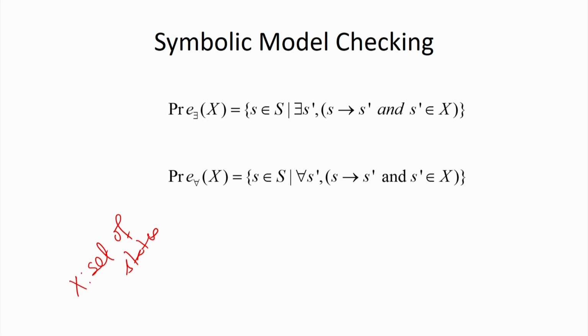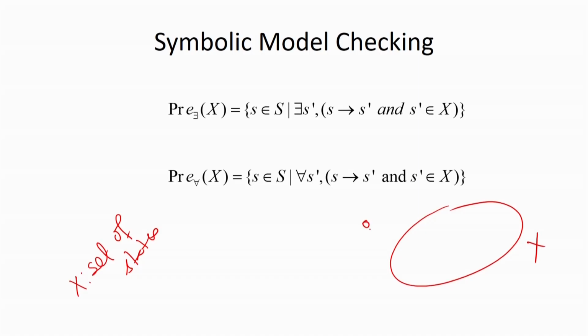Pre exists says that we look for those states from which at least one transition goes to a state which is a member of this particular set x. Pre for all means we look for those states where all the transitions lead to a next state which is a member of this subset x.